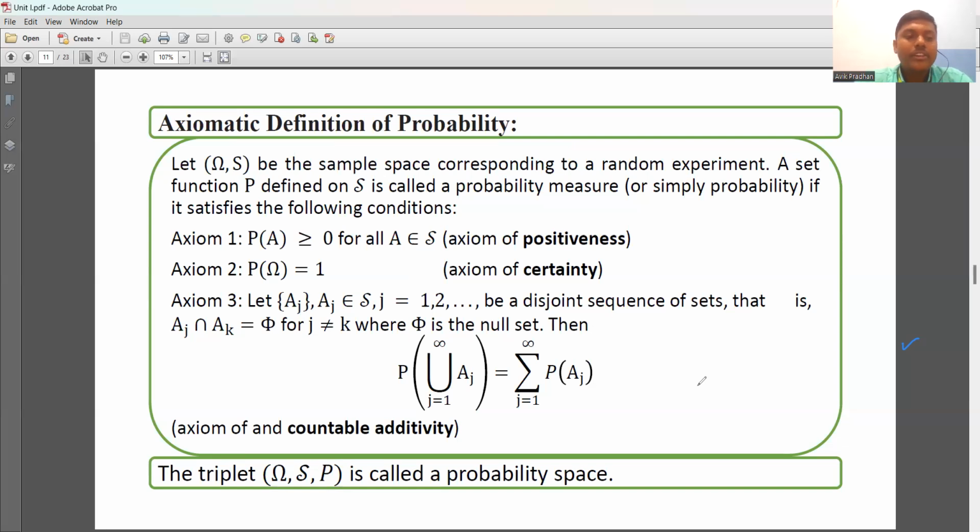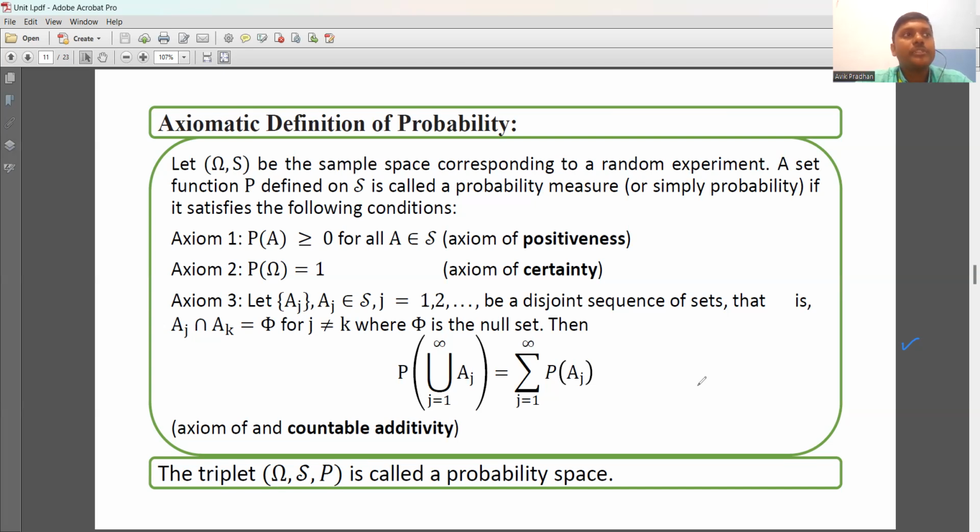So let us look back into the axiomatic definition. The axiomatic definition says that if we have a random experiment and corresponding to it a sample space omega and script s, then probability is a measure, or a set function from the sample space to the real number set, which satisfies three axioms.